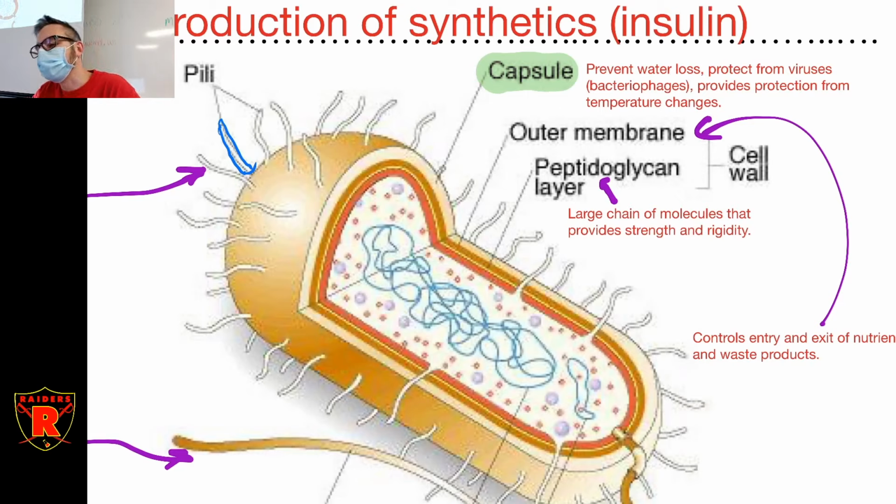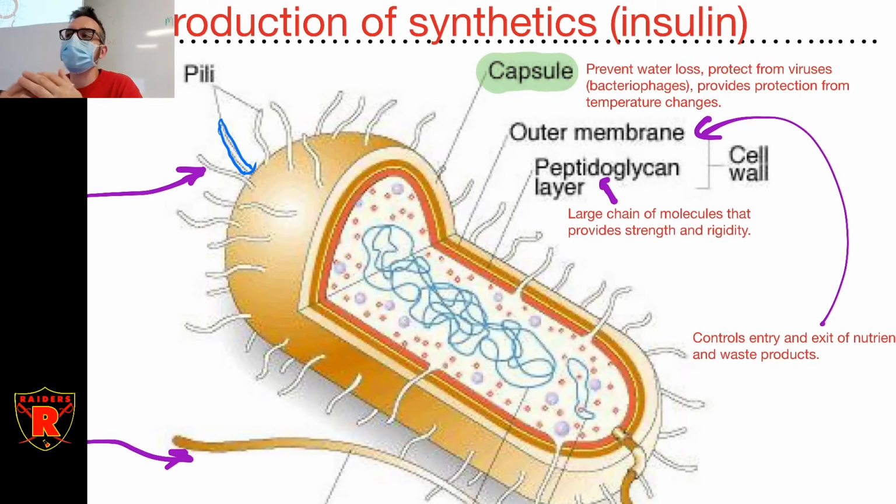It's wet and nutrients are all around you. But bacteria don't get to have that, right? They could just be growing on your desk, for example. That could be a very dry environment. That's tough for a single-celled organism to have such a rough external environment. So they do need a protective layer on the outside. It's almost like a seed coat for seeds. It protects them. That's the capsule.